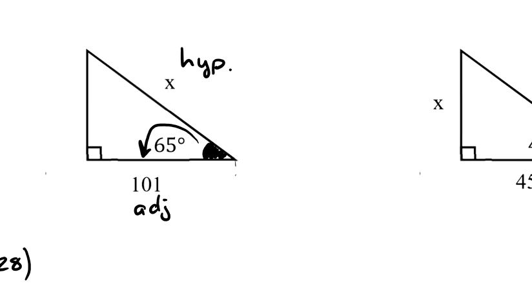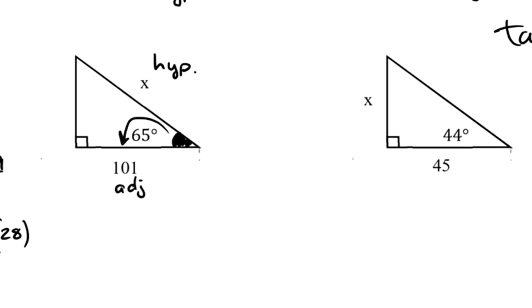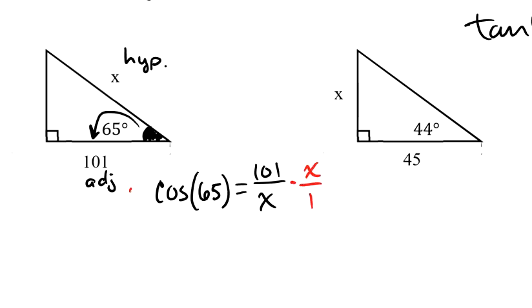As far as which ratio I use, the cosine ratio is the adjacent leg divided by the hypotenuse. So I'm going to go ahead and write the cosine of a 65-degree angle is equal to 101 divided by x. Now I'm trying to solve for x, and whenever my variable is in the denominator, I find it worth it to take the extra step and multiply both sides by that x first.